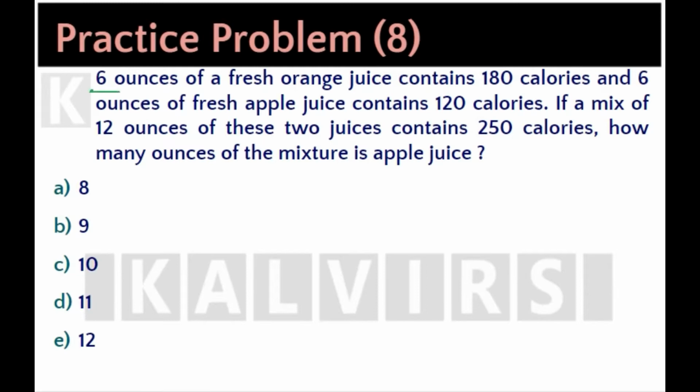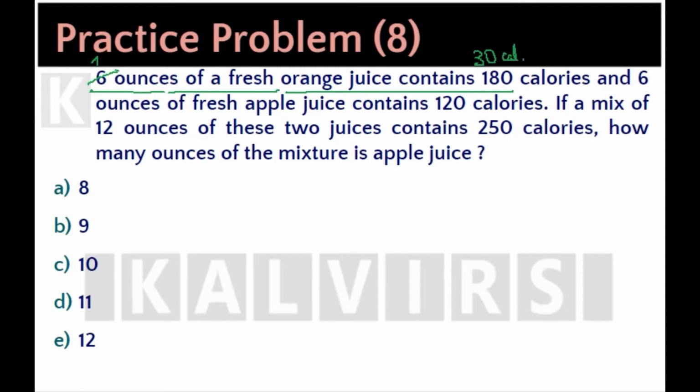So, first of all, according to this sentence, every 6 ounces of fresh orange juice contains 180 calories. So we can do the following. Every 1 ounce of fresh orange juice contains 30 calories.